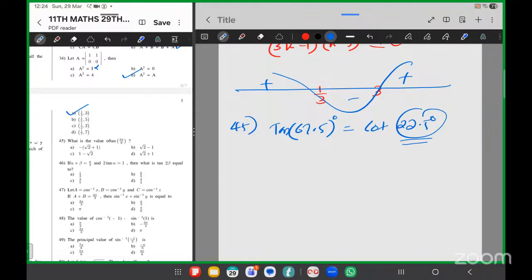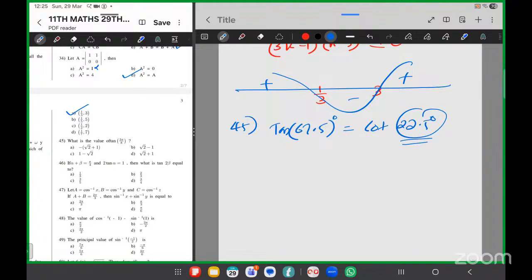That is cot pi by 8, not cot pi by 4. Cot pi by 8 is root 2 plus 1. So the answer is option D.